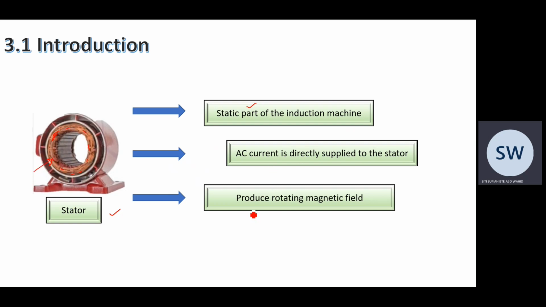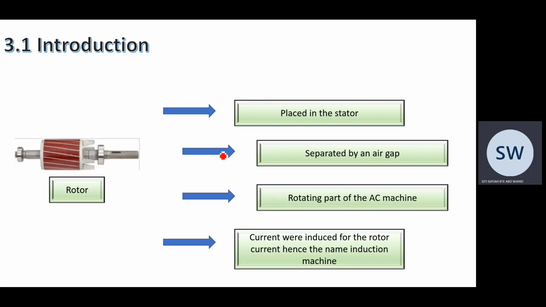And as the result, a rotating magnetic field will be produced around this winding. Okay, for rotor, it's a rotating part, so it is placed in the stator in the middle. It is separated by a gap between the stator and the rotor.